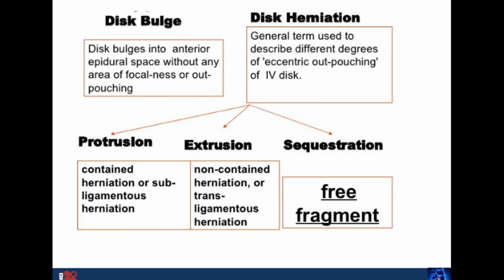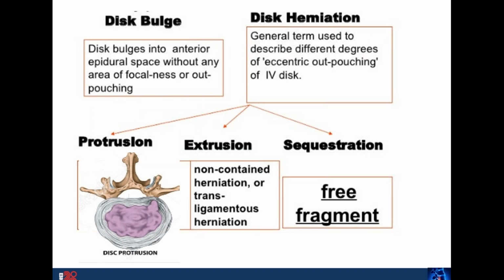This is where you actually have a diffuse eccentric outpouching of the intervertebral disc, ranging from protrusion, which is basically a contained bulging that occurs, or herniation, through the layers of the disc or the annulus fibrosus as shown.